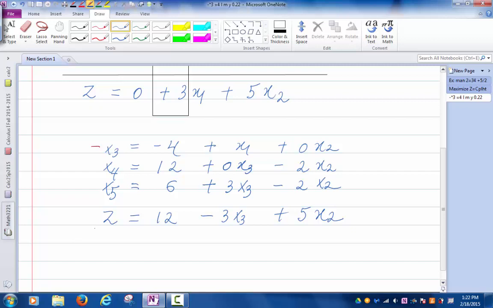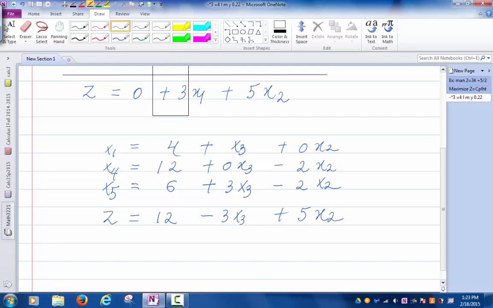I'm going to get x1 is equal to 4 minus, not minus, plus x3, plus 0x2 still, right? Am I making sense?